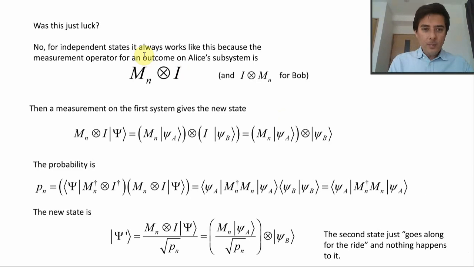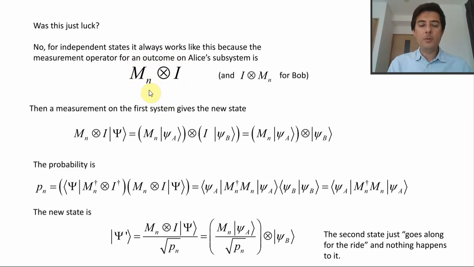Another way to show this is, for example, if we use the measurement operator approach, then we can write our measurement operator also in terms of this kind of tensor product. So in the case of Alice doing a measurement, the first one is Alice.